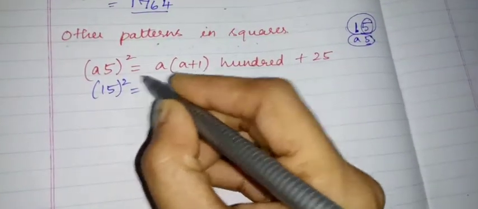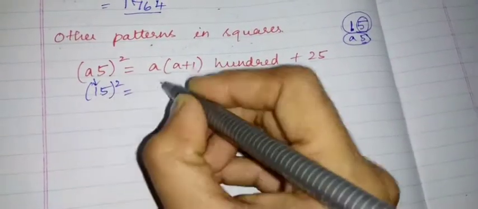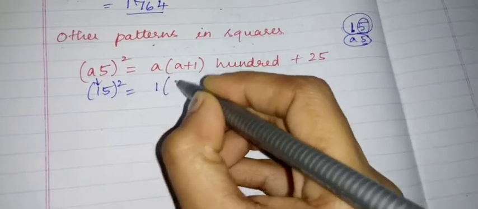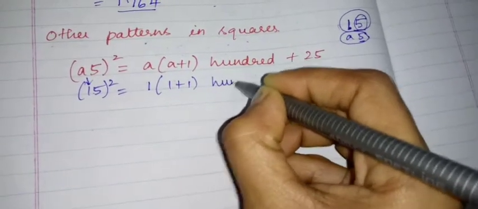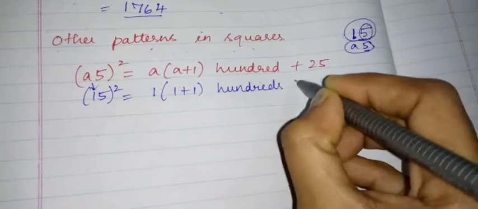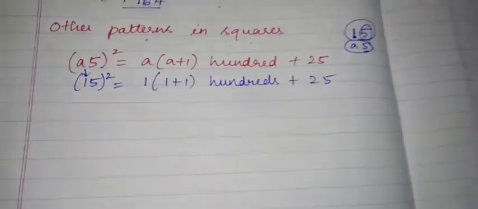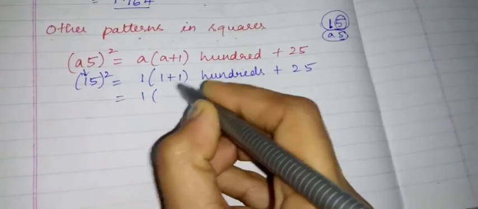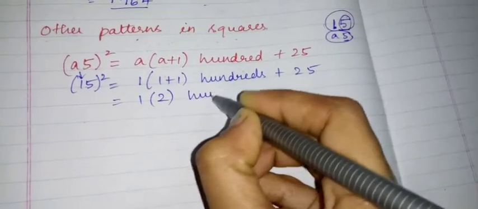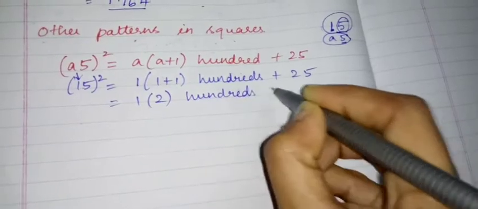So what is A here? 1. Instead of A, 1 into 1 plus 1, hundreds, plus 25. This is your formula; keep it in your mind like a formula. So 1 plus 1 is 2, hundreds, plus 25.